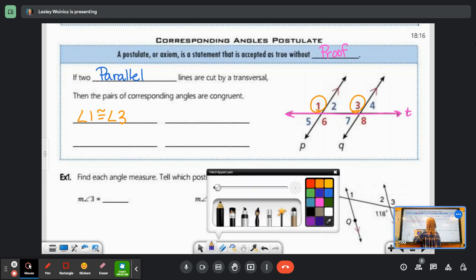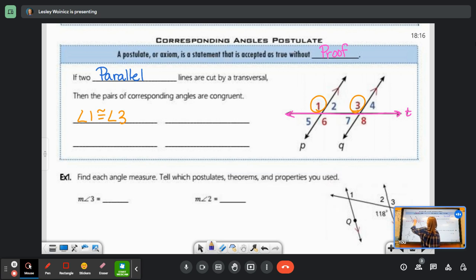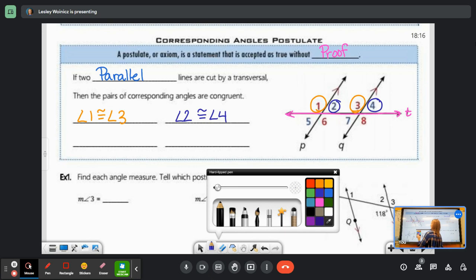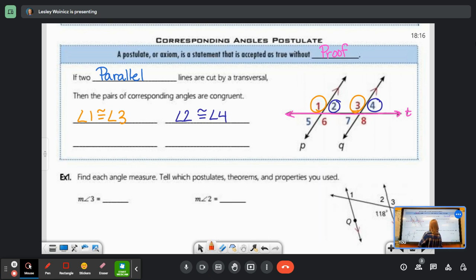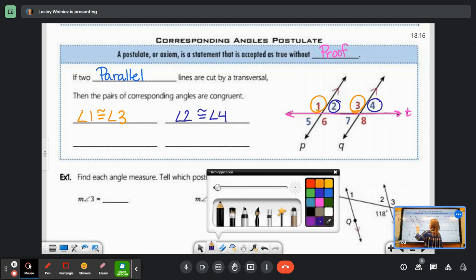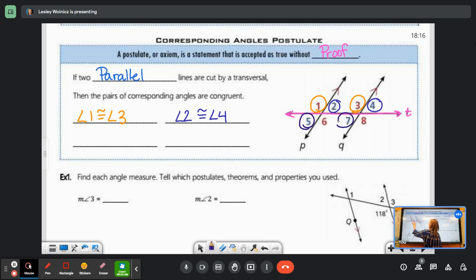Okay. Angle 2 is congruent to angle 4. Those are corresponding. Angle 5 is congruent to angle 7.